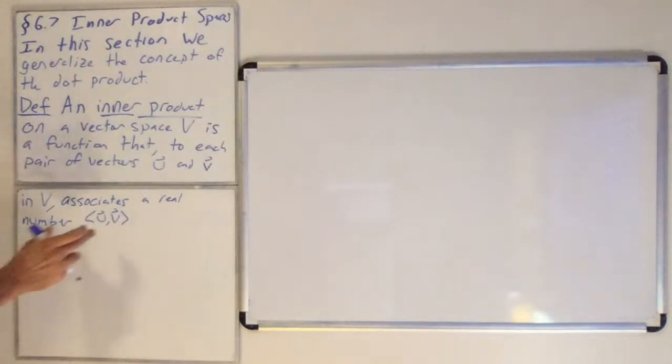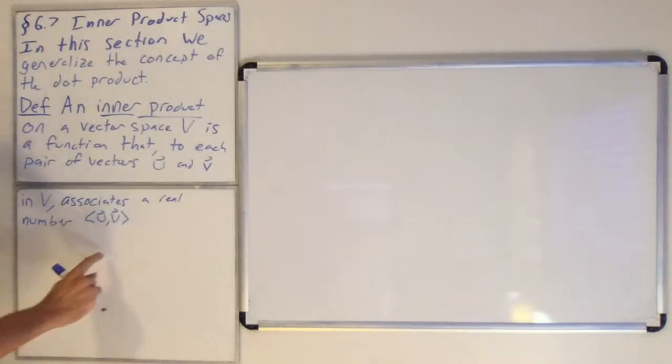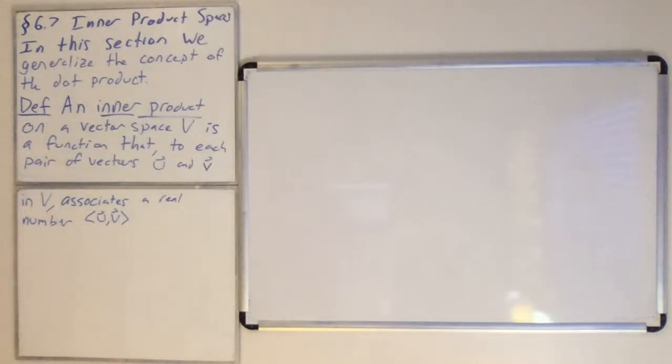Okay, so this is our notation for the inner product. Bracket, vector, comma, vector, end bracket. And this is just going to represent some number. And it has to satisfy the following axioms.